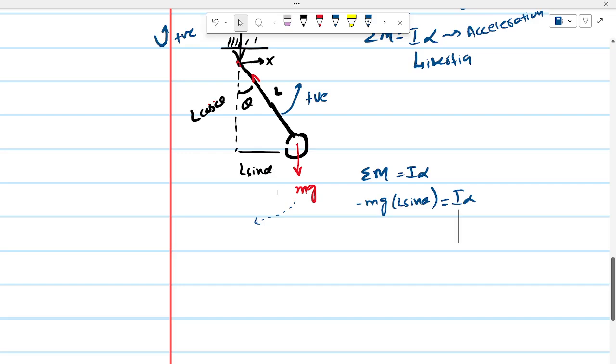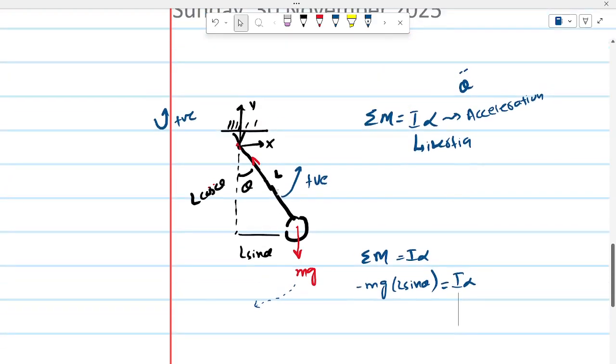Now the next thing is that here the inertia is the inertia of the point mass, right? But that is equal to the inertia about the centroid, the center of mass, plus ml square, that is, the distance between the center of mass and the point about which the body rotates.